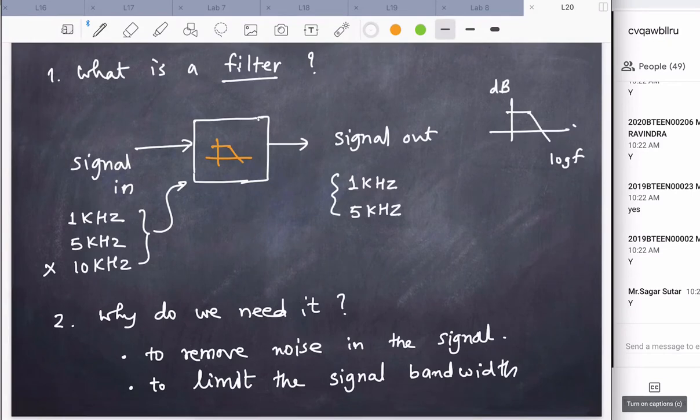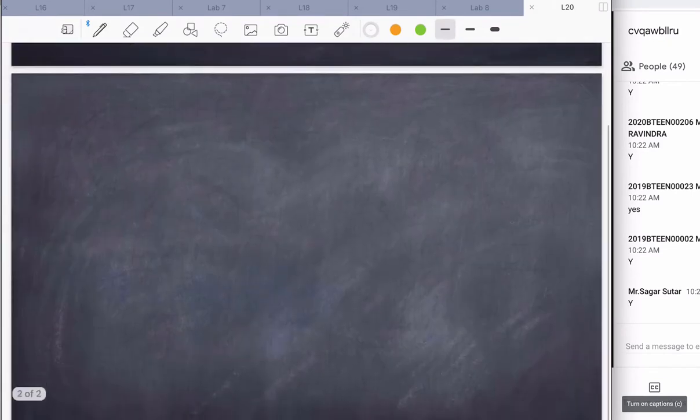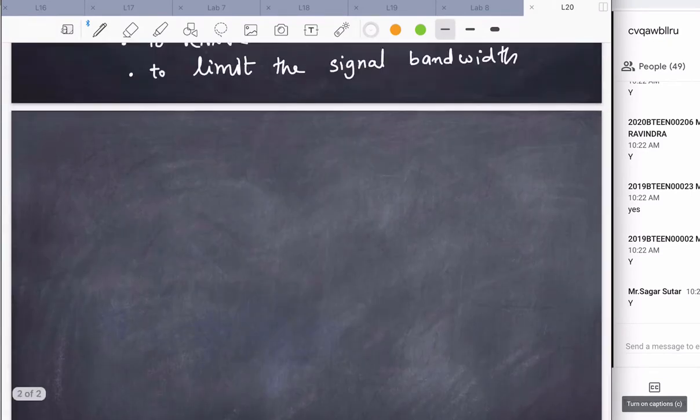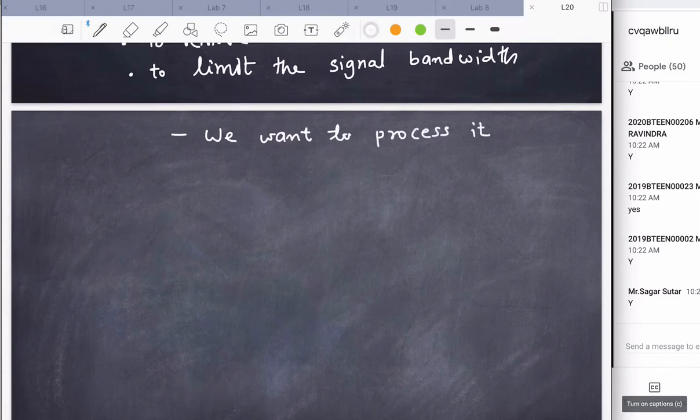So, why to remove it? Why to limit it? Because we want to process it digitally later on. So, the input signal should have limited bandwidth, so that it can be handled by the digital circuit.